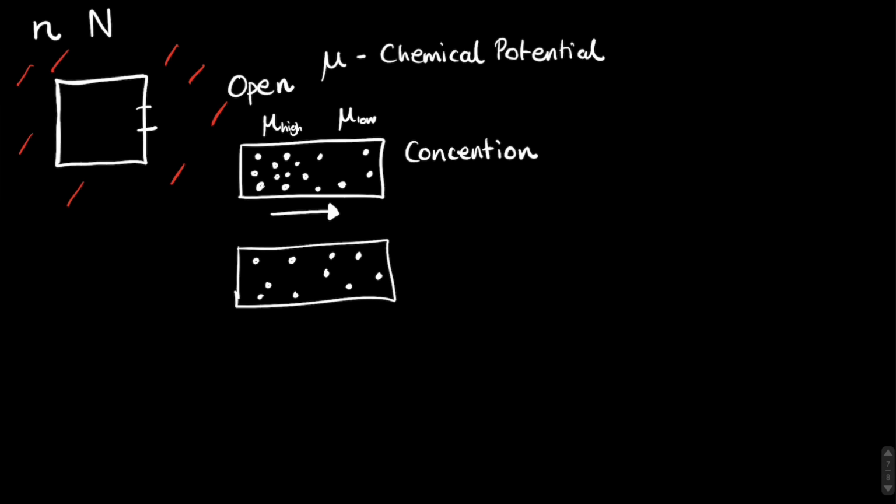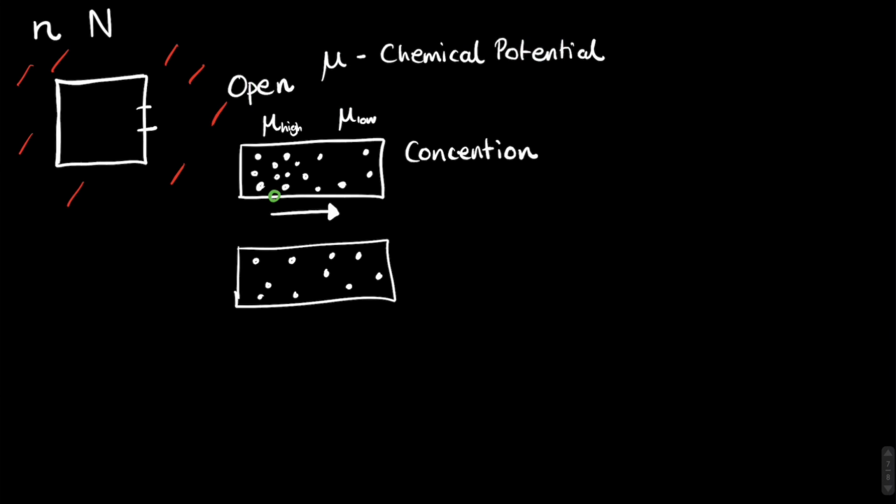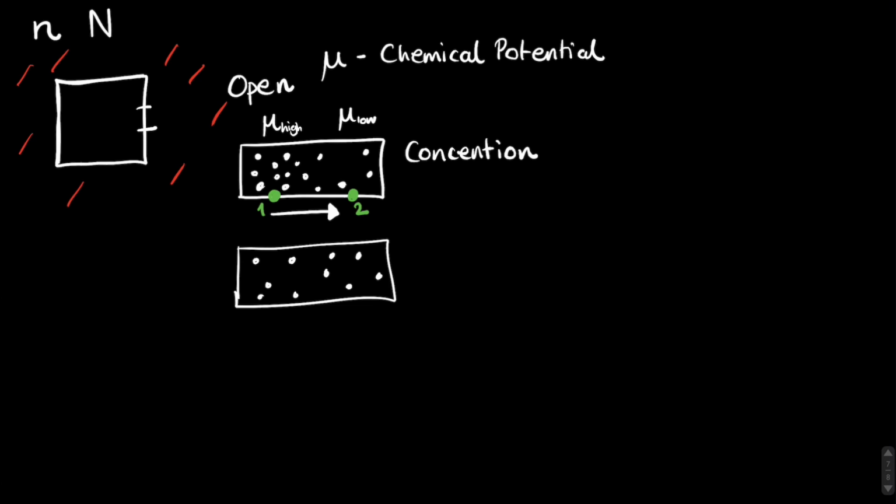So if you want to know the difference in chemical potential between two regions, say you've got point 1 and point 2. Point 1, as you can see, has a much higher concentration than point 2. The difference in chemical potentials is related to the natural logarithm of the concentration.